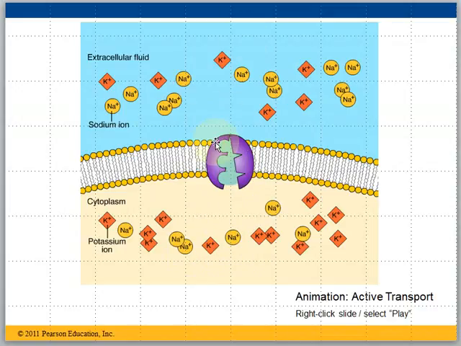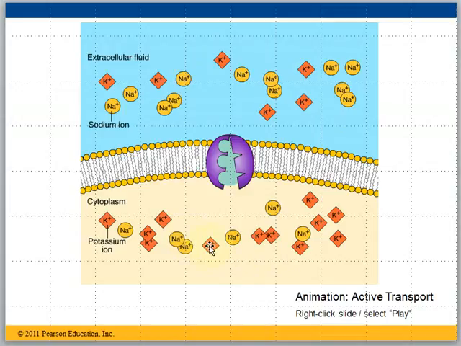Every time this pump runs, every crank of the pump, you could call it, that sends 3 positive sodium ions out of the cell and brings in 2 positive potassium ions. So that's not an even number. Over time, this makes the extracellular environment out here more positive than the intracellular environment.